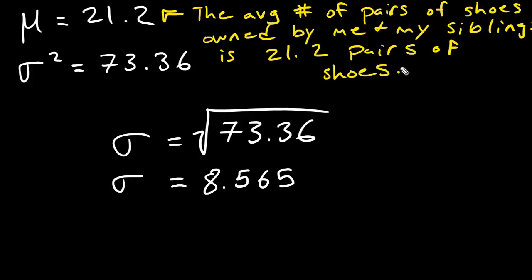All right, so that's not necessarily an interpretation, it's more of just stating a fact. So that's what that is telling us, right? The average number is 21.2 pairs.